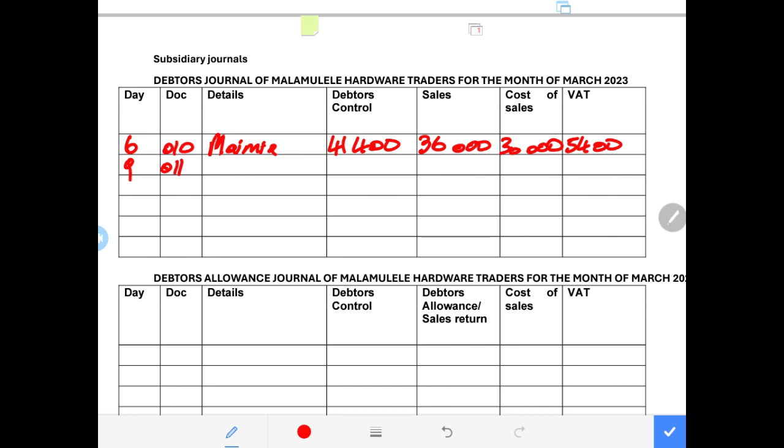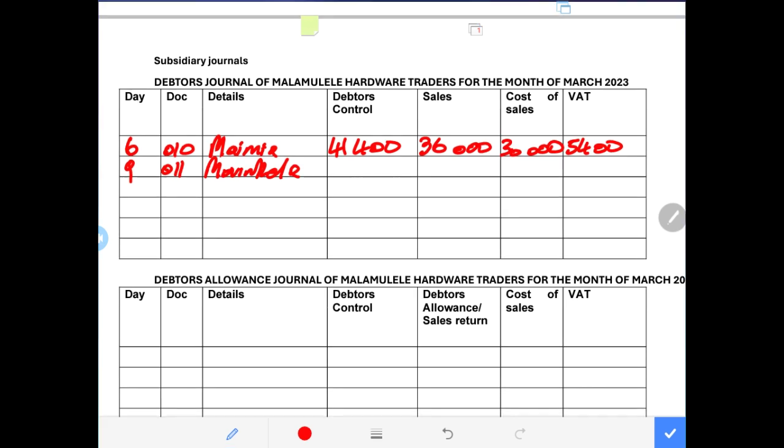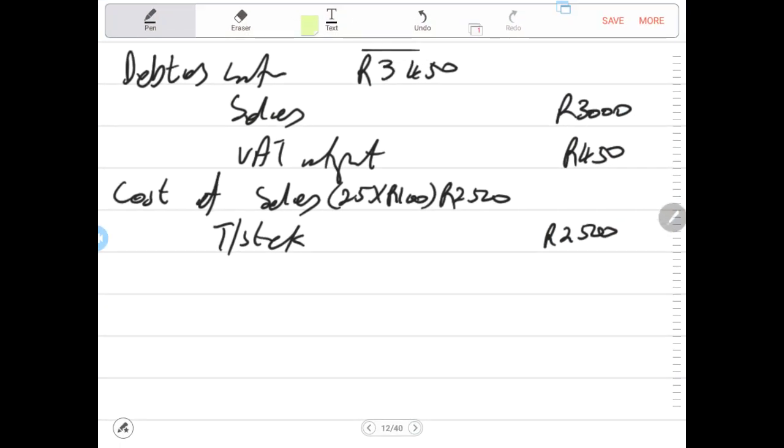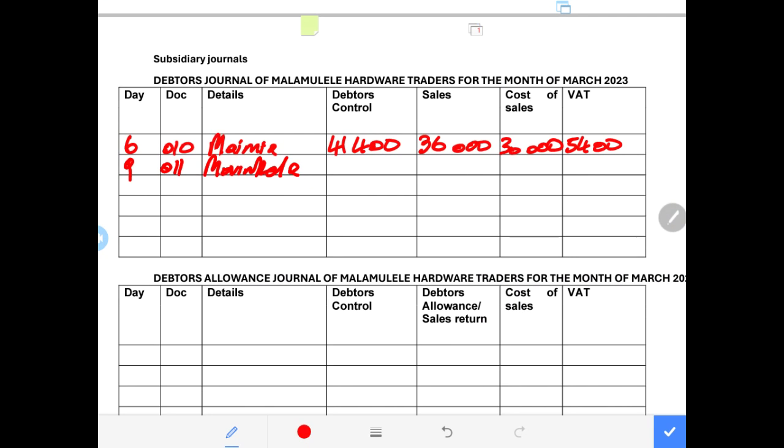This is Mavimbela, to whom it is sold on credit. Then the amount of the debtor, let us verify that. Debtors control 3,450. The amount of sales, we have seen that it is 3,000. The amount of VAT is 450.